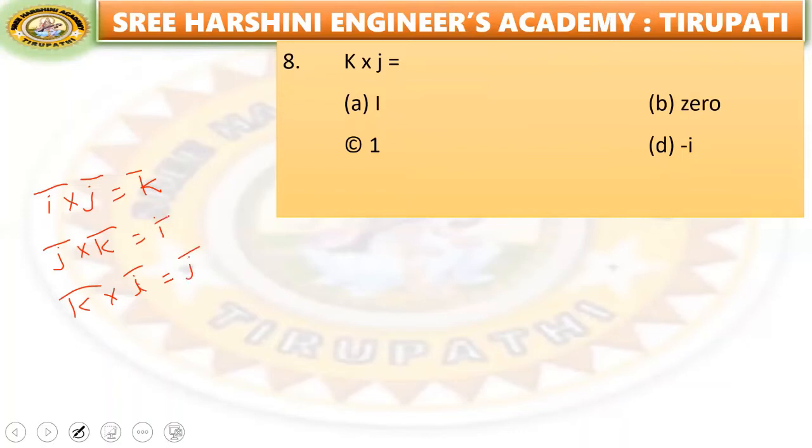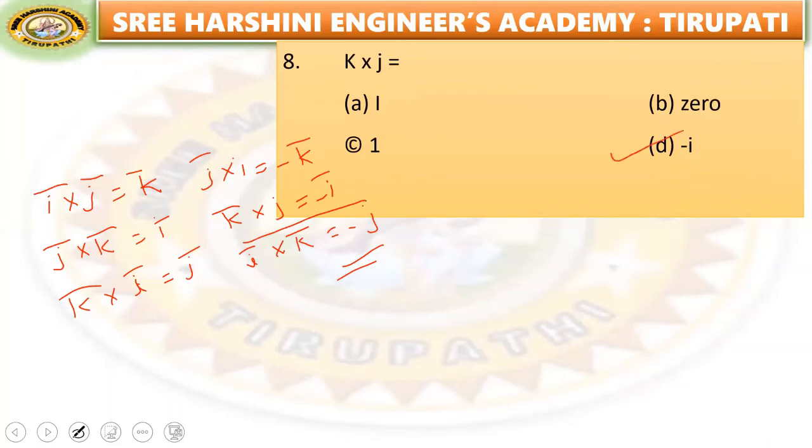So when we write this in reverse order, that means j bar cross I bar, it becomes minus k bar. Similarly, k bar cross j bar is equal to minus I bar. I bar cross k bar is equal to minus j bar. This is the property of the vector product. So the option k bar cross j bar is equal to minus I bar, D is the right answer.